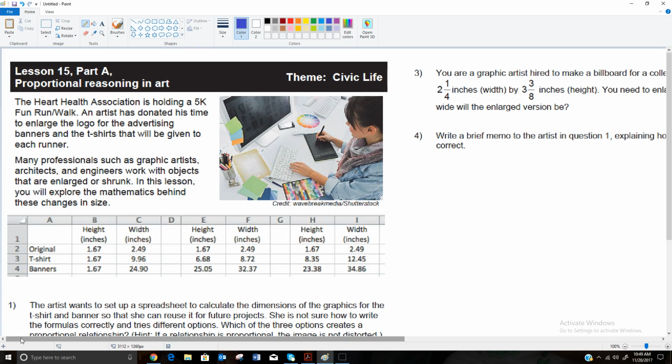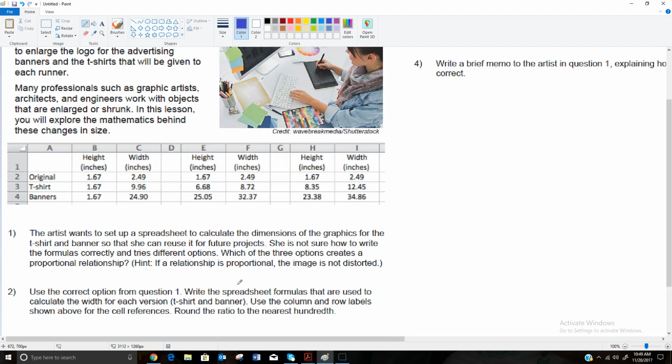So you don't want to stretch it vertically or horizontally without doing the same thing the other direction, because then it would be distorted. So we're going to look at the original here and try to figure out which one is the correct enlargement of the original logo.